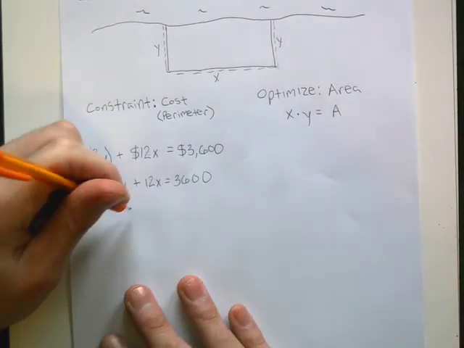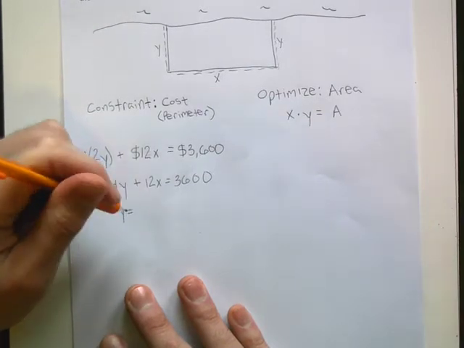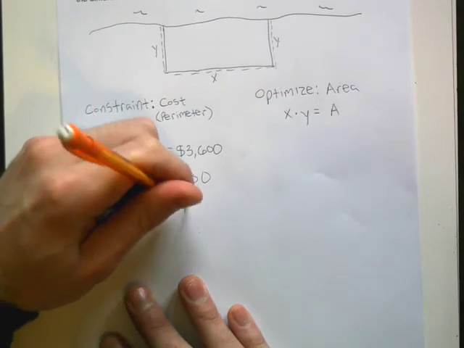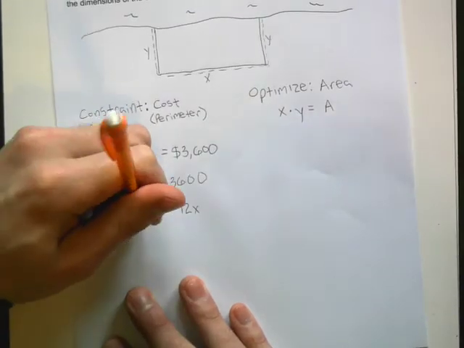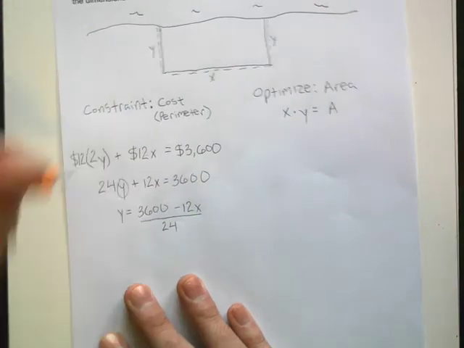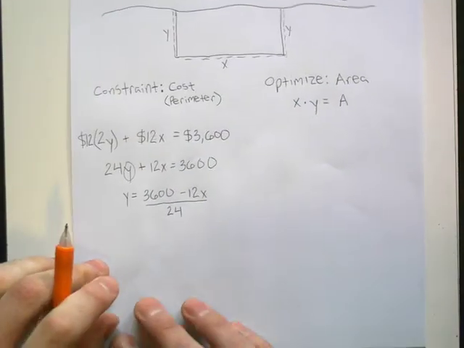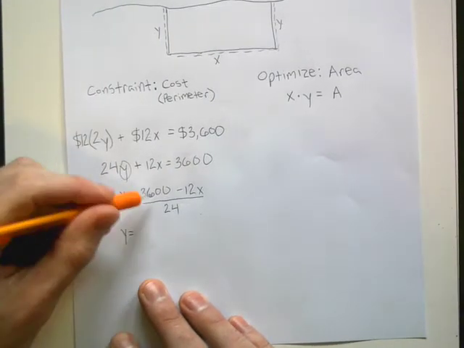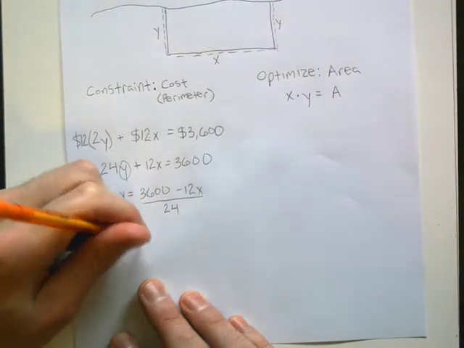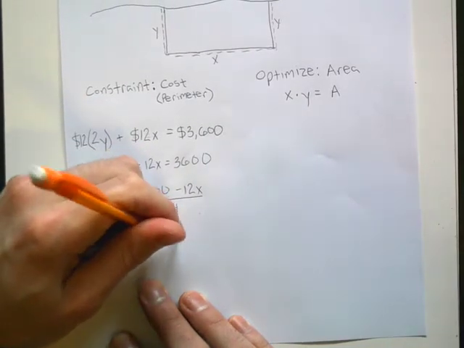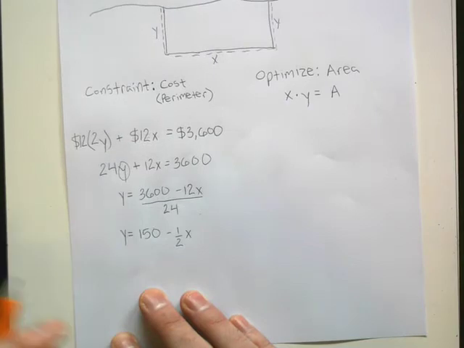Okay, so I'm going to say y is equal to (3,600 minus 12x) over 24. Okay, if I were to solve for y, that's what I would end up with. Okay, let's break this down a little bit further. So y is going to be equal to 3600 divided by 24 is 150. 12 divided by 24 is 1/2, and then we've got the x next to it.